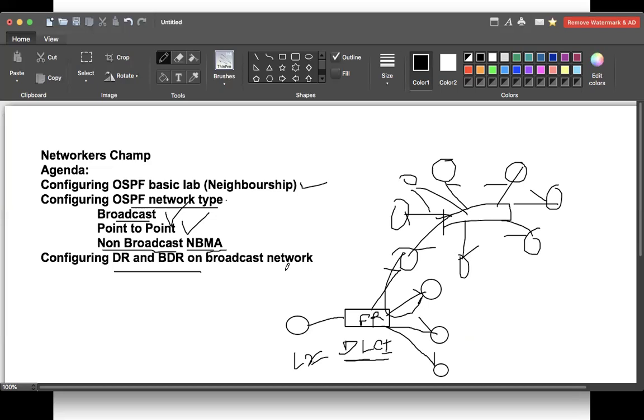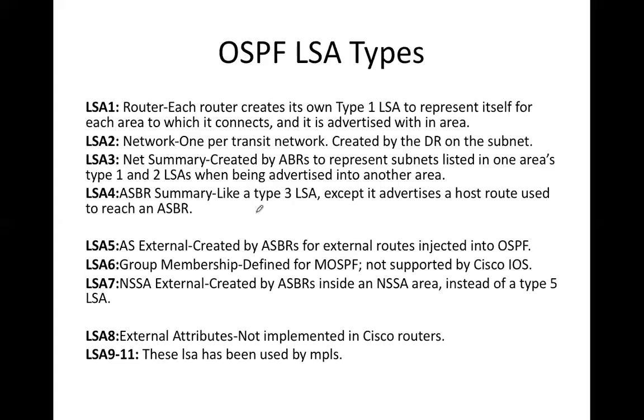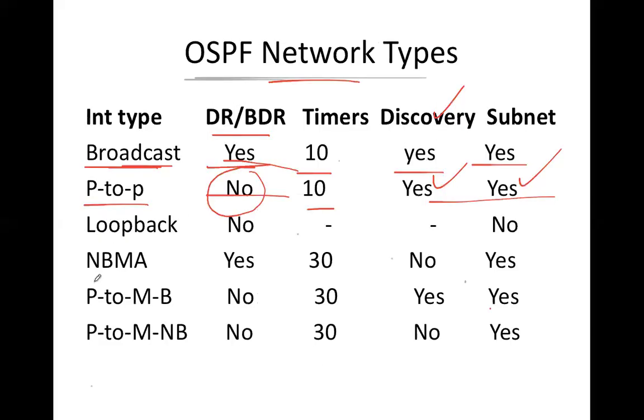So in those kinds of scenarios you can configure non-broadcast NBMA. And with NBMA, as you see here, just as with broadcast, the DR-BDR selection will happen.